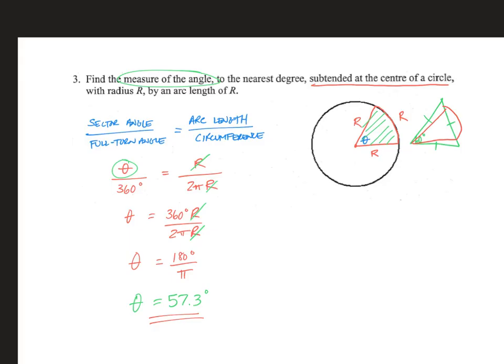Okay, the second thing, and this is the significance for us, that we actually created a very meaningful angle. Notice, we didn't put in any specifics. So what we ended up finding in this case is true for any circle. This was not for a circle with a specific radius. So for any circle, if we ever want to find out what angle creates an arc length that is equal to its radius, then what we end up having is approximately 57 degrees.